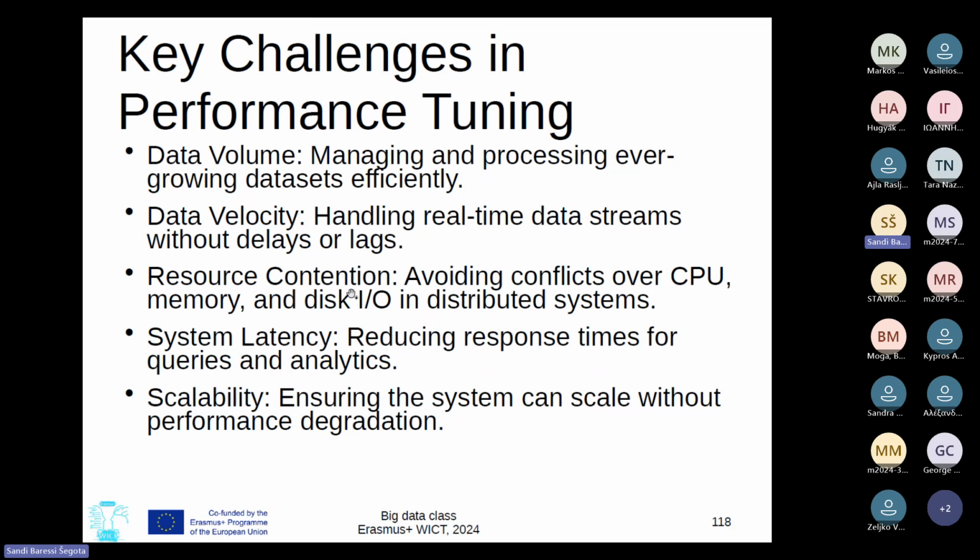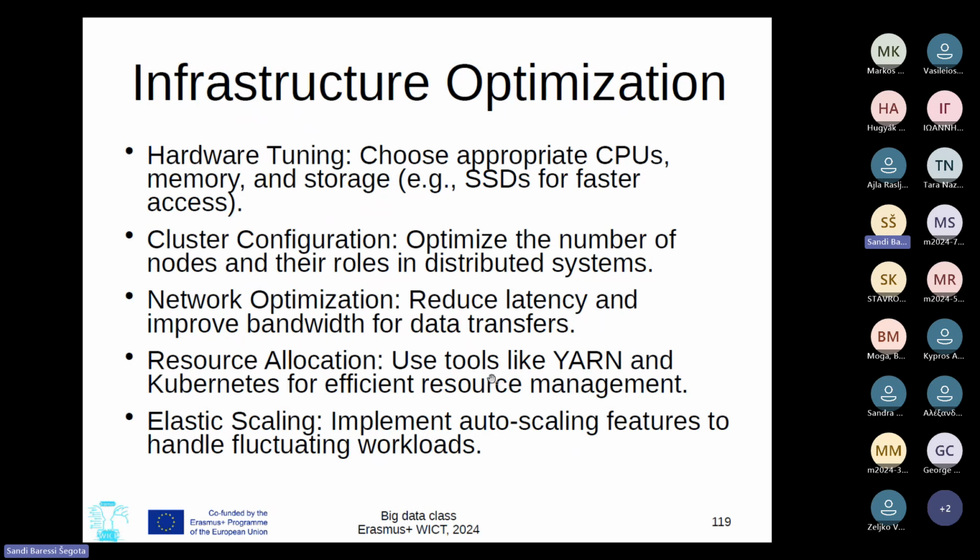And essentially, how do you scale well without degrading performance, because as I said, adding complexity, adding distribution can lead to additional issues if you aren't doing things properly. So how can we optimize infrastructure?